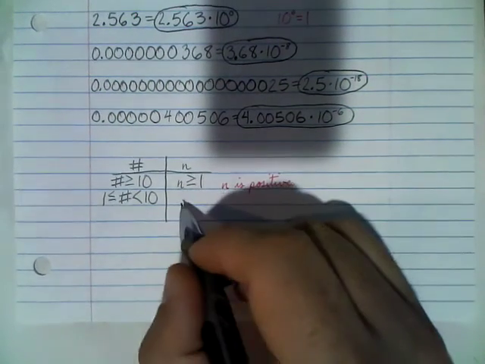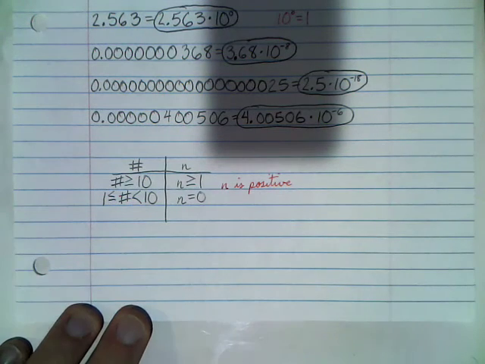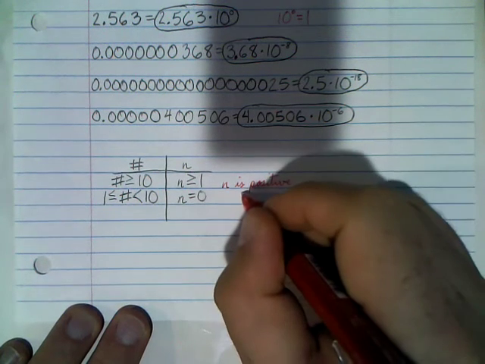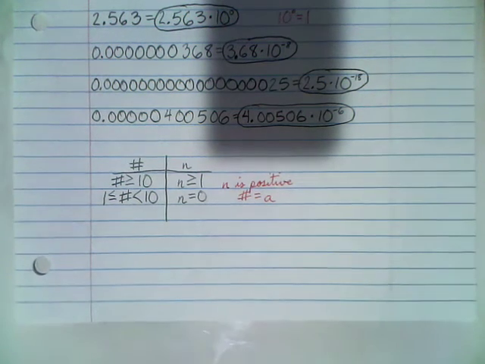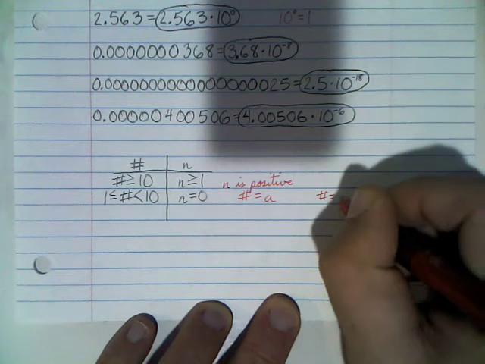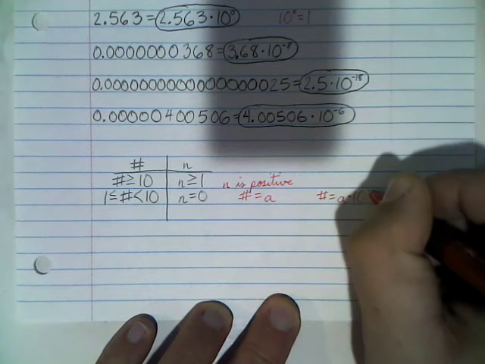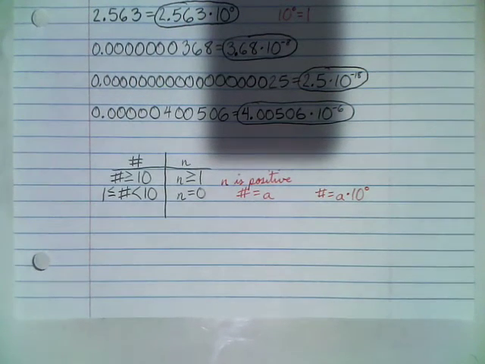Okay. In this case, n will be 0. And not only that, but our number is our coefficient, that's A. And so the number will equal A times 10 to the power of 0. Or itself times 10 to the power of 0.